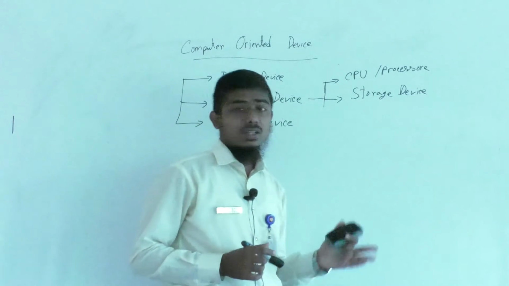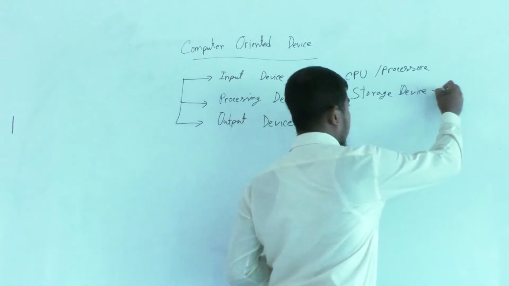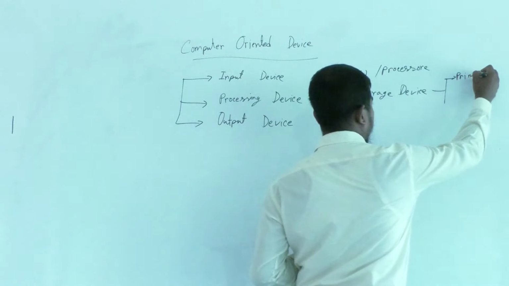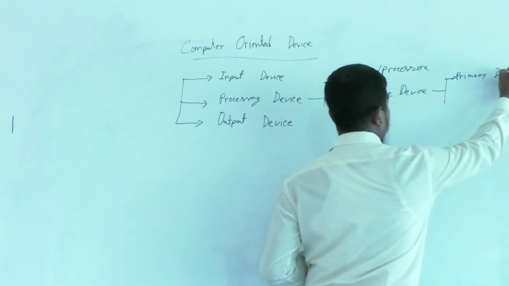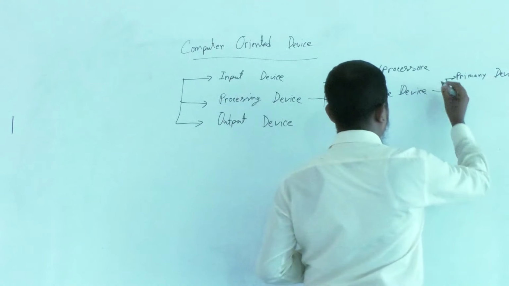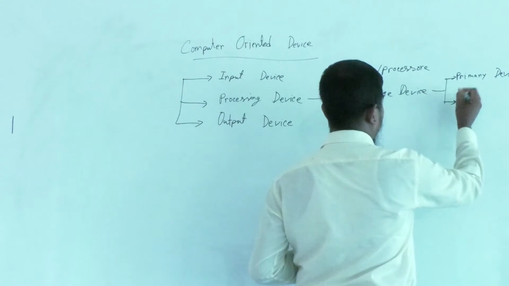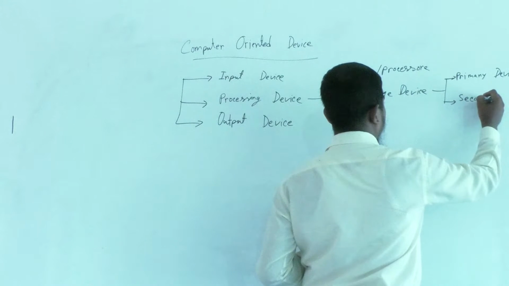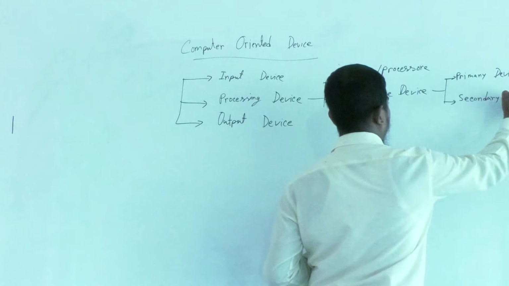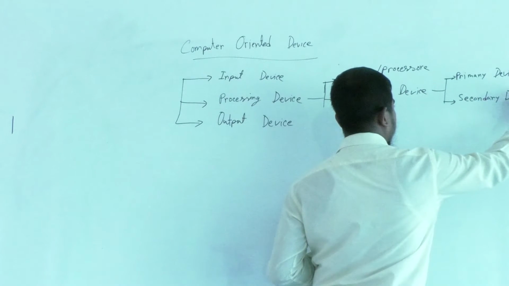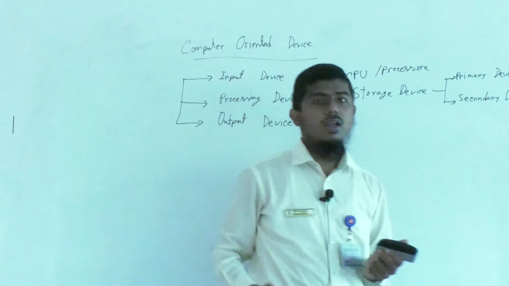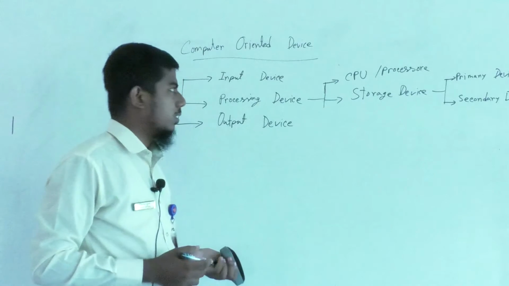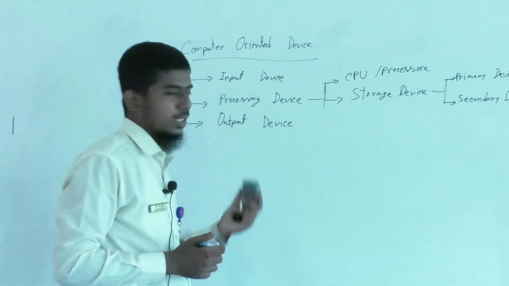These are called the primary devices. And another one is the secondary device. The secondary device is CD-ROM, DVD-ROM, hard disk.